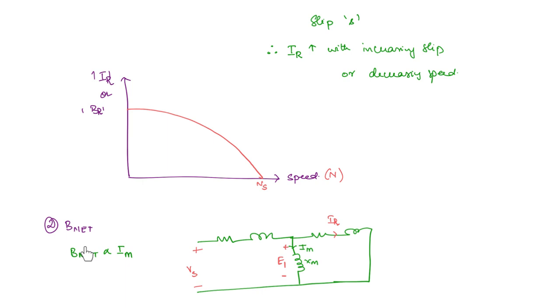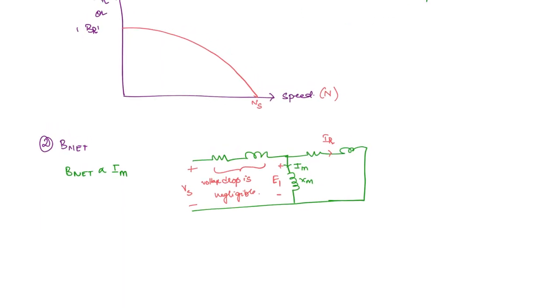So consequently, B net will also change with respect to speed, but the drop across these stator parameters is considered negligible. The voltage drop across R1 plus jX1 is negligible.